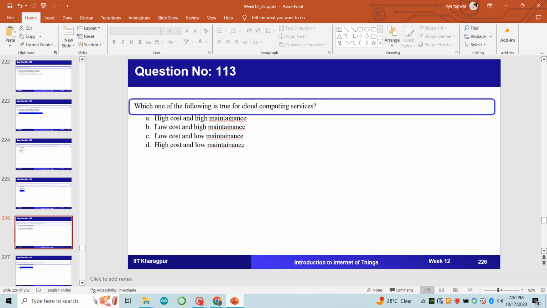Okay, anyone else? It's low cost and low maintenance. You don't have to do anything with cloud computing services. You just have to pay for the services which you are taking, right? So this maintenance part you don't have to do anything. So basically it's low cost and low maintenance.